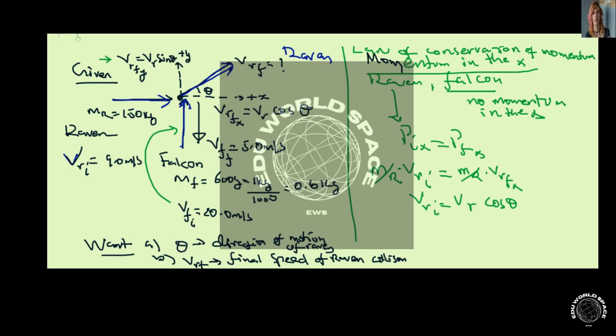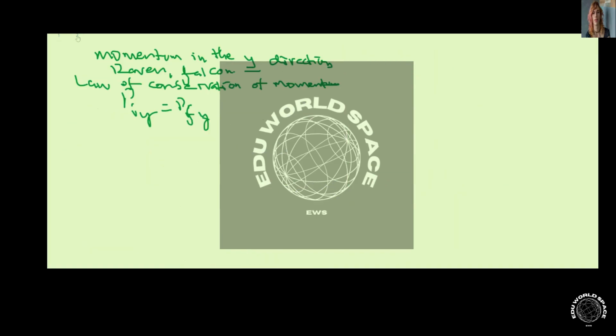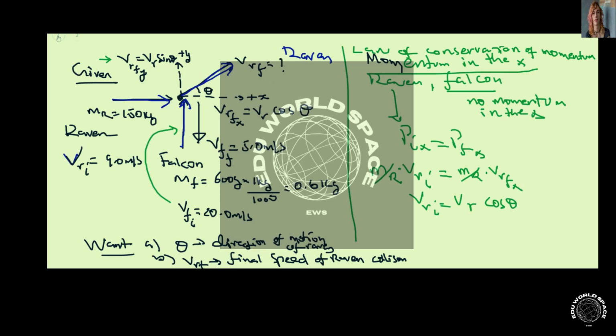So the initial velocity in the y direction, we have the Raven. The initial momentum of the Raven in the y direction would be the mass of the Raven times the initial velocity of the Raven.